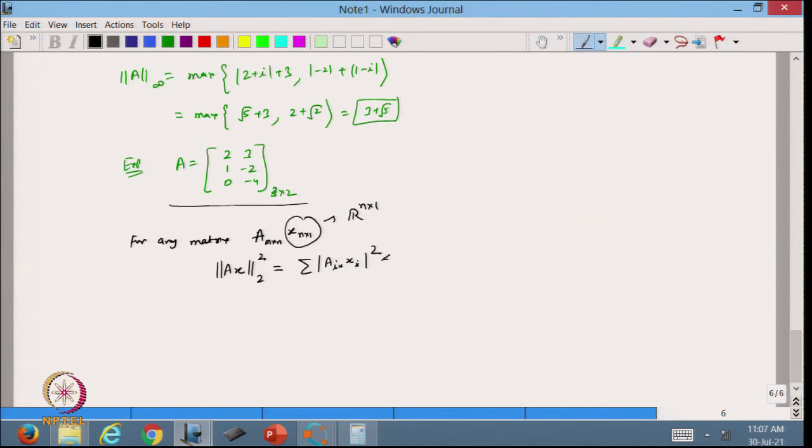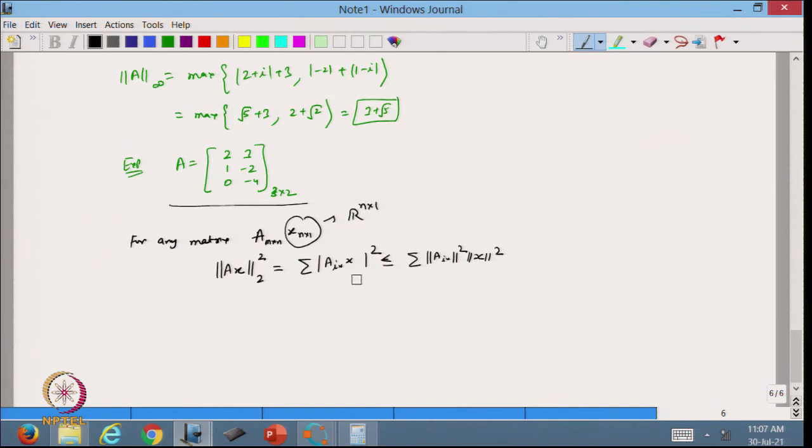So, from here I can write that this is always less than or equal to the summation of the row norm squared times the norm of x squared, because this x is the complete x I am taking.